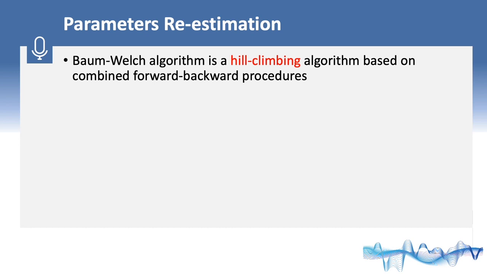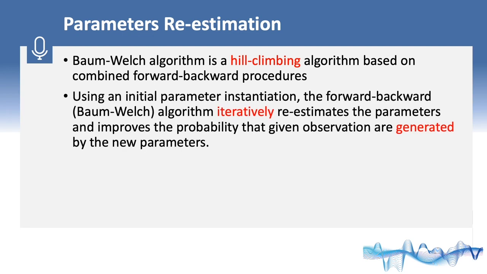The Baum-Welch algorithm is a hill climbing algorithm based on combined forward-backward procedures, using an initial parameter instantiation.